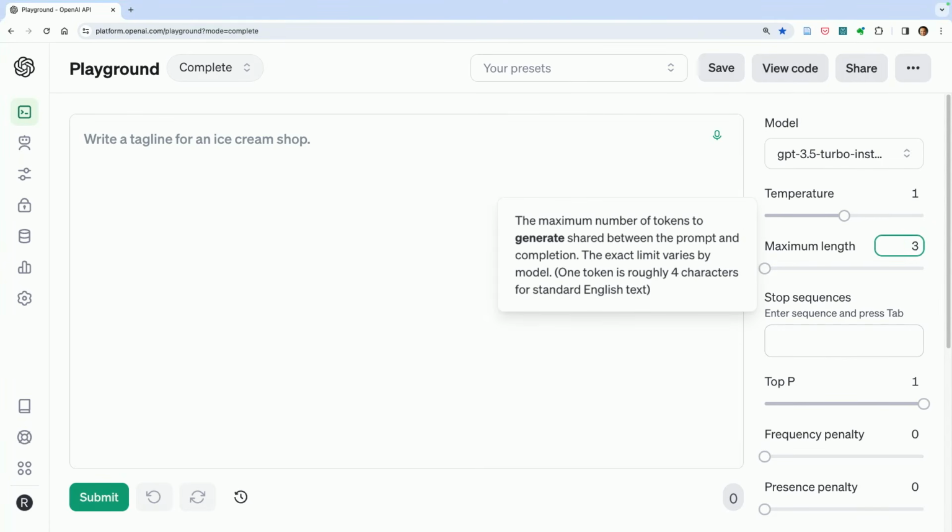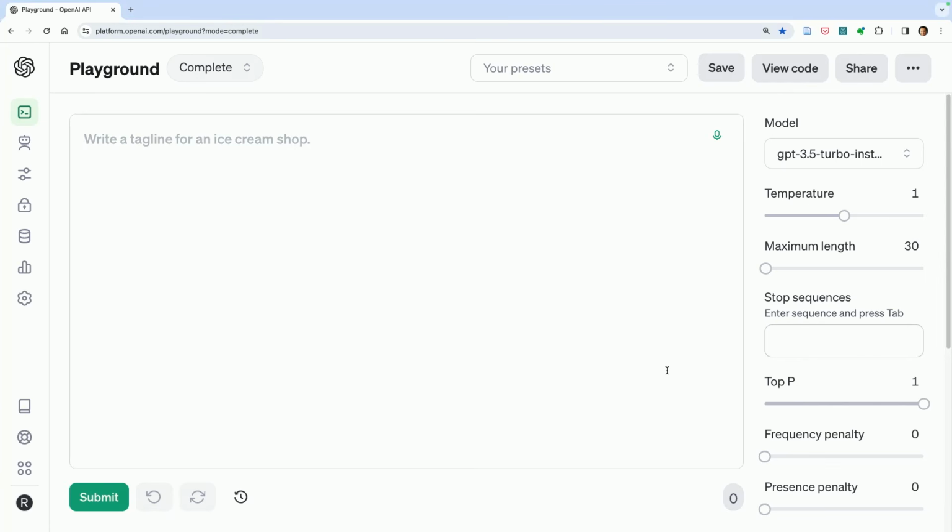Let's just call it 30, okay? And now I'm going to enter some sentences for us to see what's going on. So let's enter the same sentence as before. Students at the MIT Sloan School of Management, I think that's what we had, right? So submit.